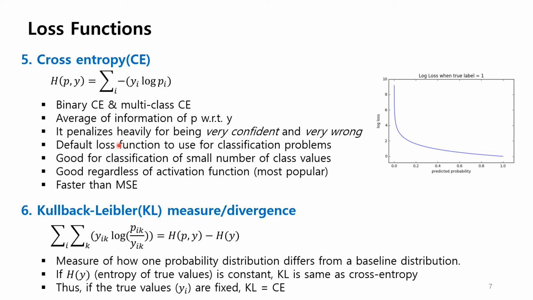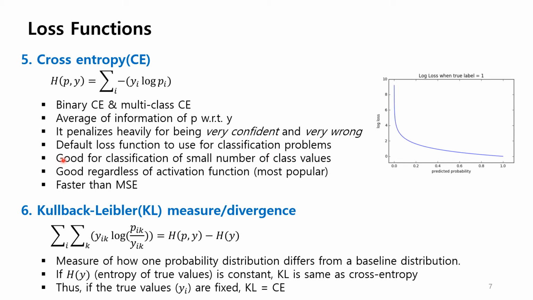So we use cross entropy in many classification problems. Again, as I said, cross entropy is one of the most popular loss functions in classification problems. Especially it is good when you classify a small number of class values.